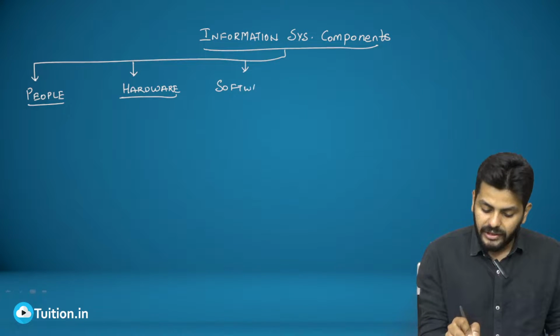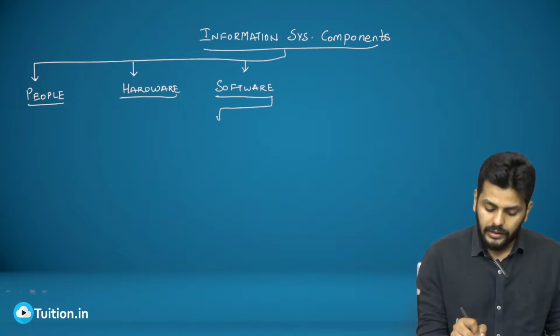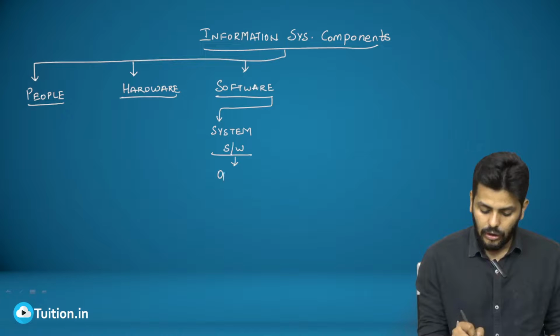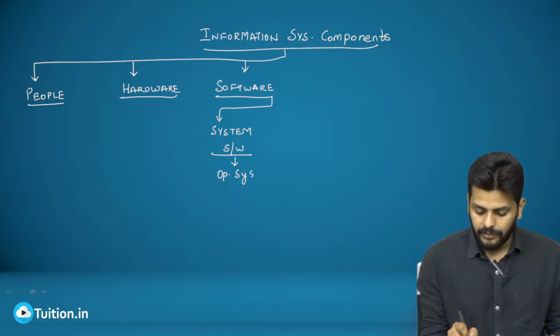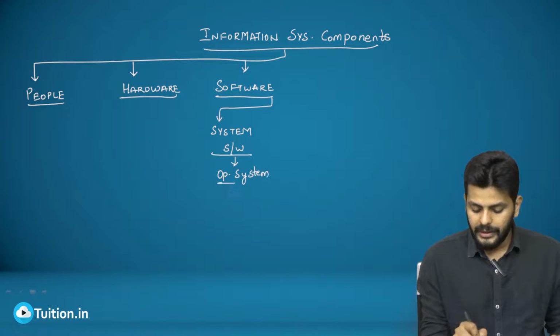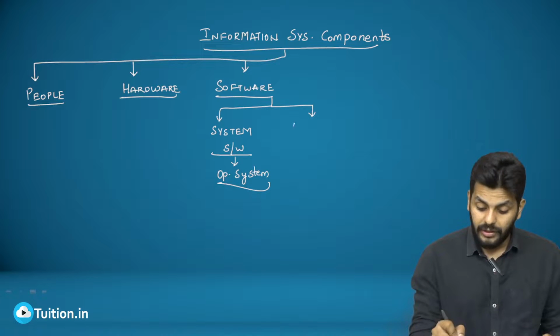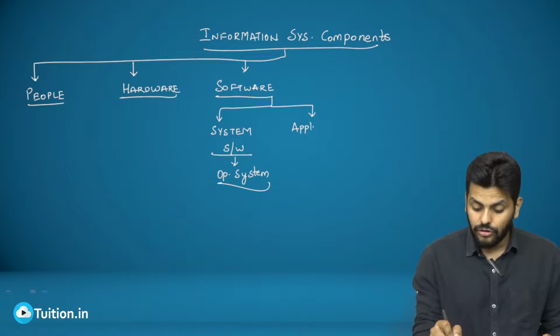Now software is further classified into system software, or simply the operating system. What does the operating system do? Different functions are there. We'll catch up about that. And then the other type of software is called application software.